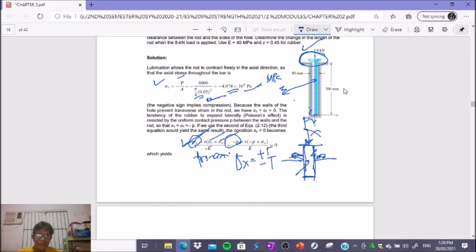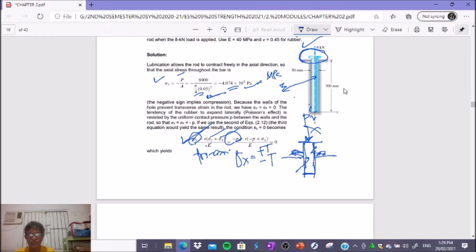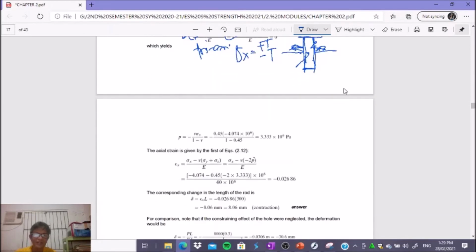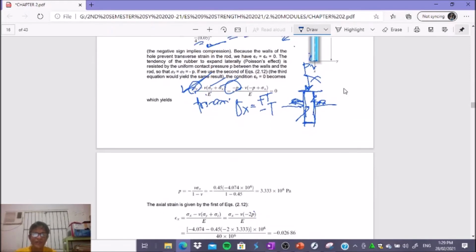Kailangan may sign convention tayo dyan. Susunod tayo ng sign convention dyan. That's why using that formula, we're able to solve for the value of P. And since given naman yung mga value na yan, nakuha natin yung value ng P is equal to 33.333 times 10 to the 6 Pascal.